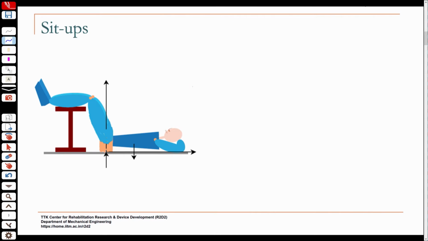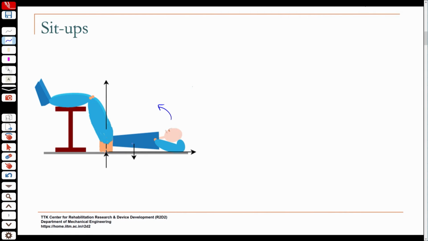So, this is another case of a movement that could be analyzed. I will not go through this, but this is an exercise you could try. If you have a person doing a sit up, the person is going to move like that. You can compute what kind of moments have to be exerted by the abdominal muscles.